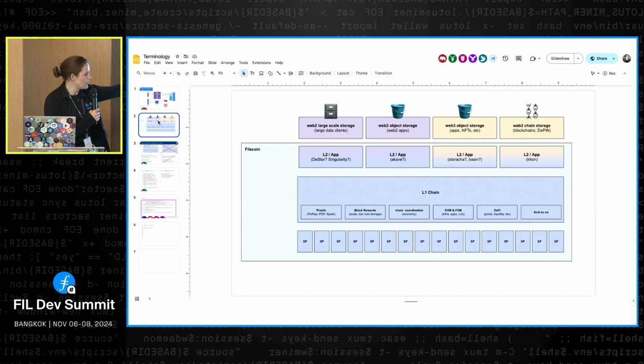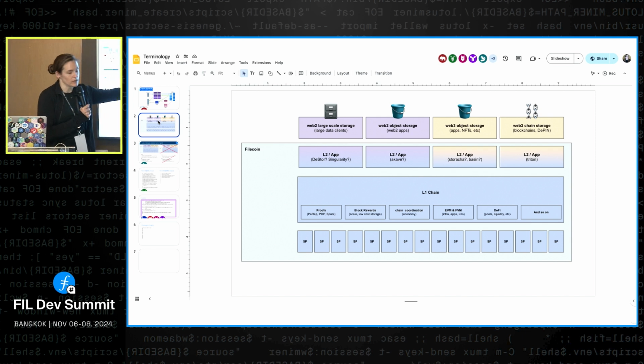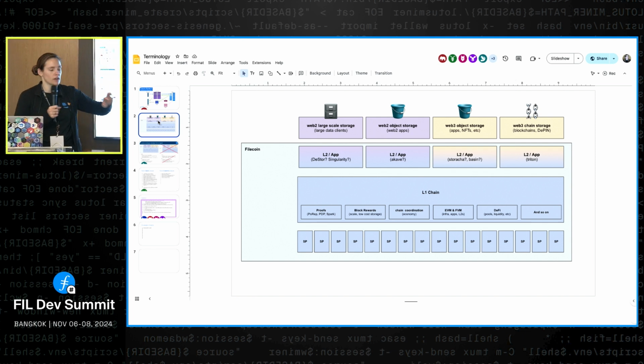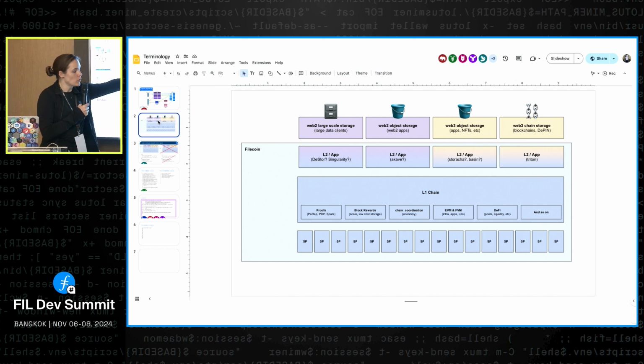Yeah, so the value of at least the L2s that we're talking about in this conversation is customizing L1 chain capabilities, chain performance and features offered by the L1 for different markets, and creating an ease of use and a customer product and experience that is much easier to engage with for different client groups.